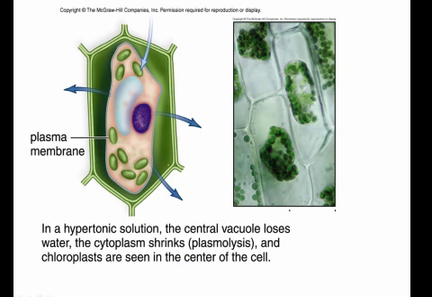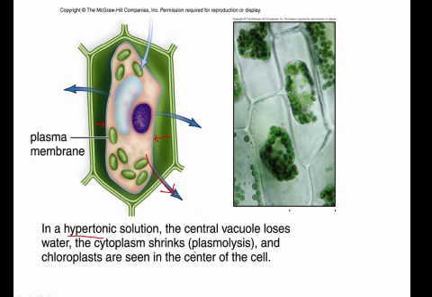If we place a plant cell in a hypertonic solution, water is going to leave the cell. Osmosis will pull water out of the cell, and so the cell will shrivel up. Now again, we have the plasma membrane inside the cell wall, and so the entire cell wall is not going to shrink, but the plasma membrane draws back away from the cell wall.